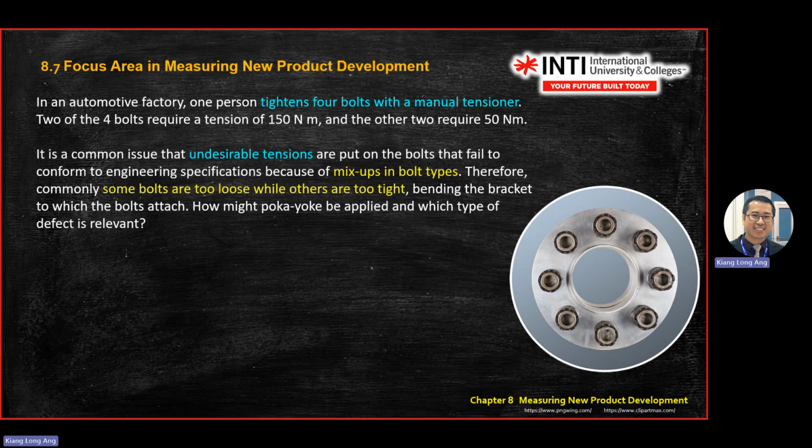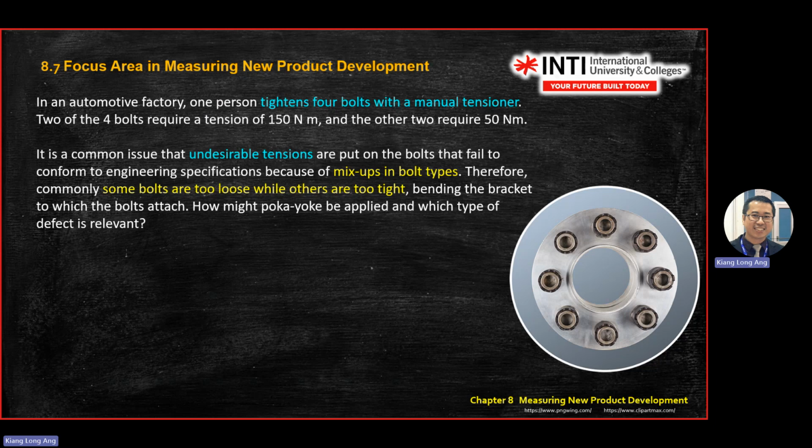So in the automotive industry, 1 person tightens 4 bolts with a manual tensioner. 2 out of 4 bolts require a tension of so and so 150, and another 2 require 50. These are production steps. Okay, so you need to tighten 4 bolts. 2 need 150, 2 need 50.